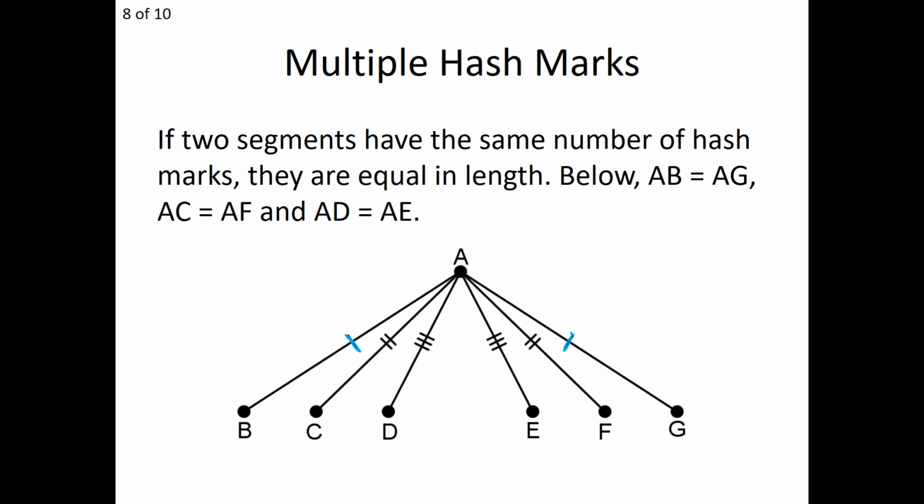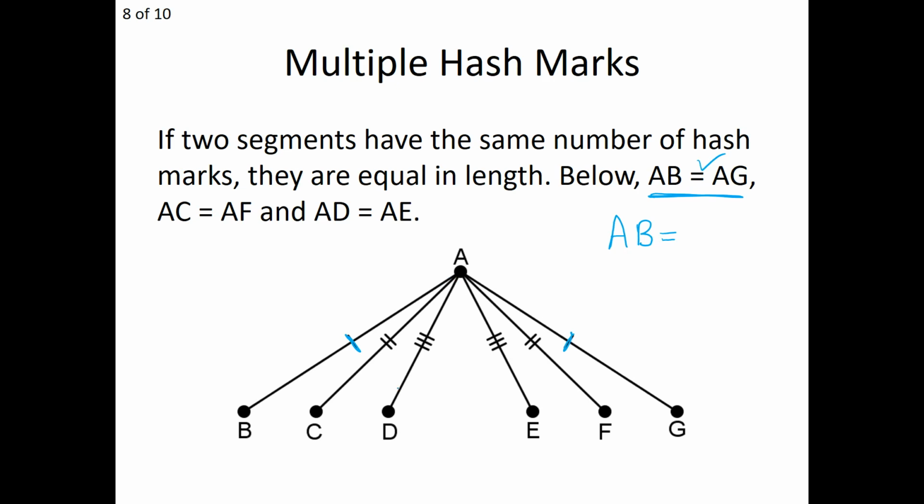Now, I'm going to challenge you again, and we're going to talk about this in the last couple of slides. I'm going to challenge you with this question. We're given that AB is equal to AG. That's definitely true. Check. But here's a question for you. Let's take a look at AB again. AB is marked with one hash mark.